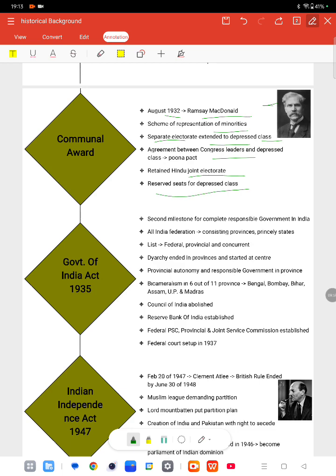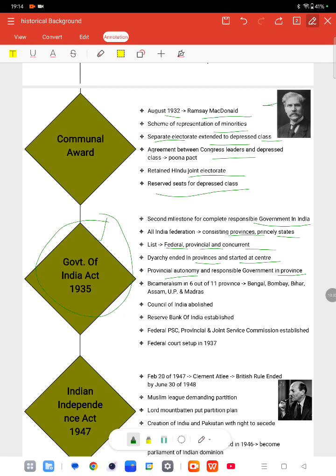Now we have the Government of India Act 1935, which we call the mini constitution. It was the second milestone for complete responsible government in India. It provided for an all-India federation consisting of provinces and princely states, with federal, provincial and concurrent lists. Diarchy ended in provinces and started at the center. Provincial autonomy was given.